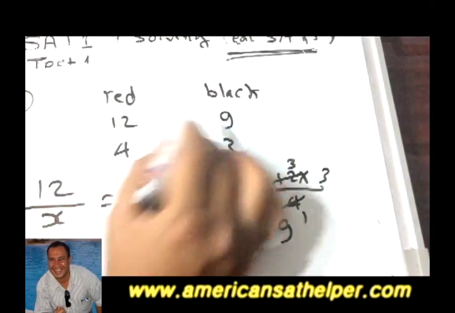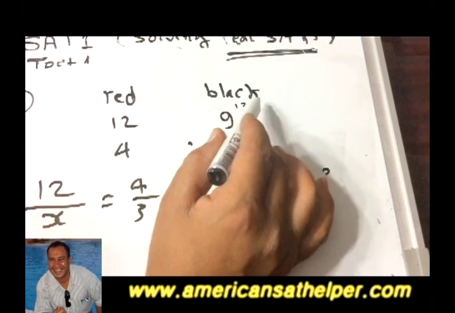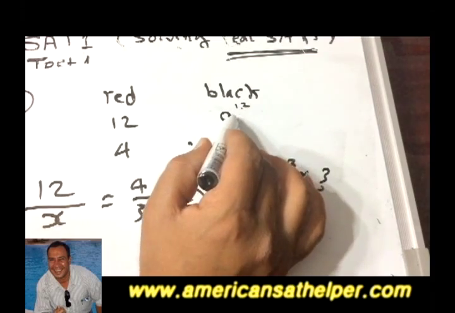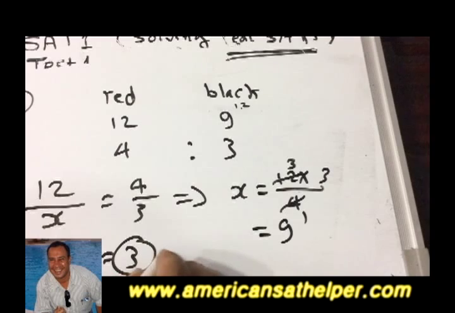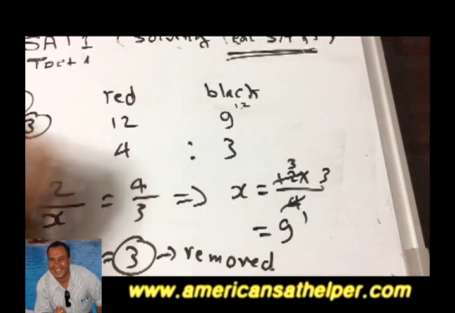So x is 9. It was 12, so we removed 3 marbles from 12 to 9. The number of marbles removed is 3, because 12 minus 9 equals 3. So the correct answer of number 12 is 3.